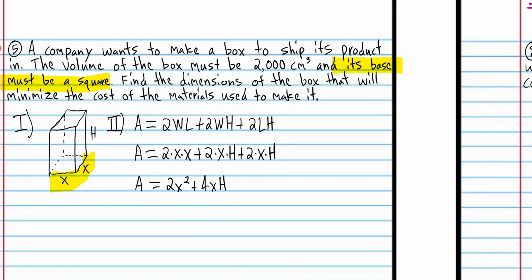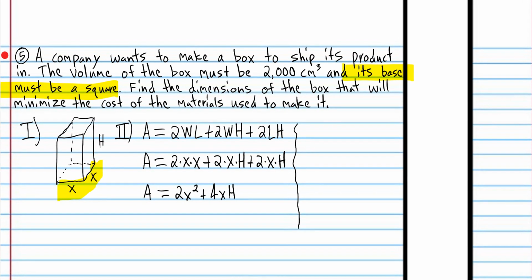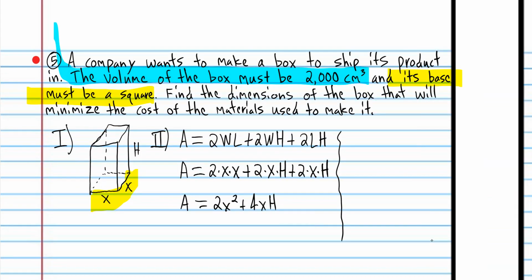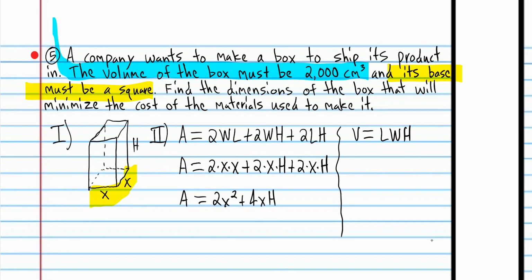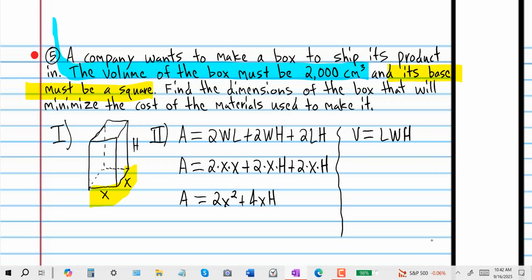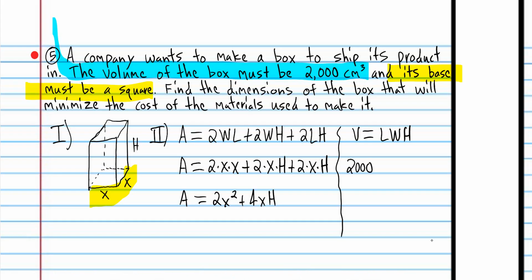Okay, so now the problem that we have at this point is that we have 2 variables on the right side of the equation. We can't have that. We need only 1 variable. So now we go to some other information, and of course that information is this: the volume of the box must be 2,000 cubic centimeters. The volume of a rectangular prism is given by length times width times height, and we know the volume has to be 2,000.